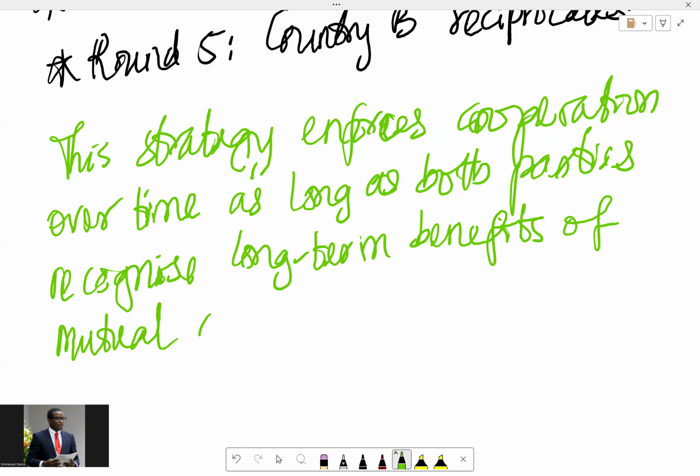So you see that repeated games highlight how strategies incorporating past actions can influence future outcomes, promoting cooperation or punishing defection.